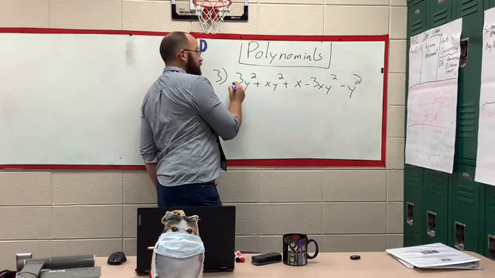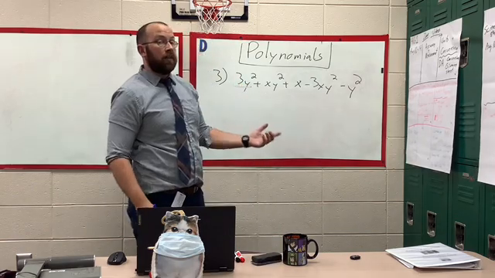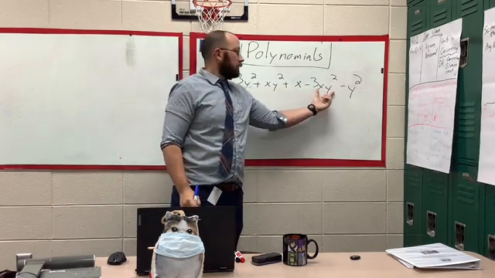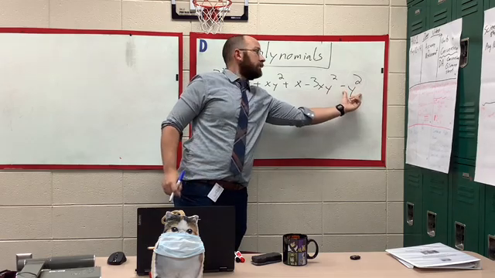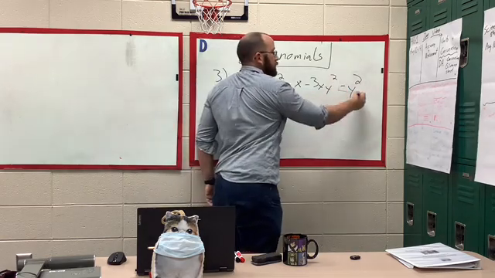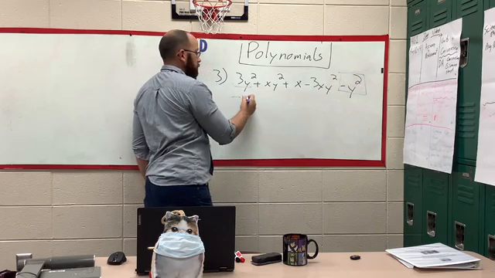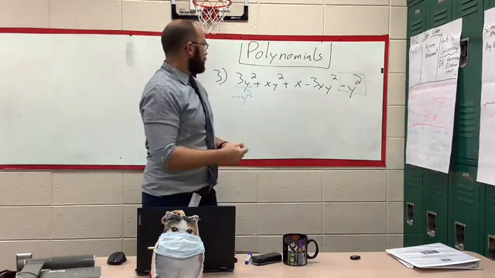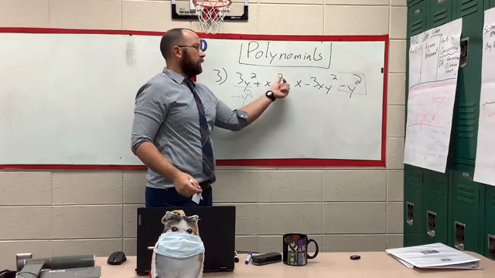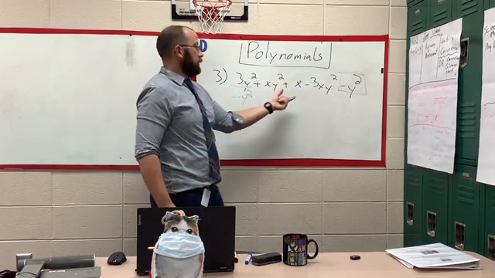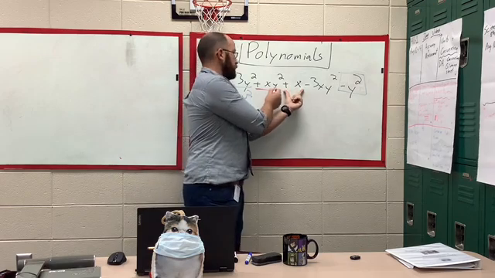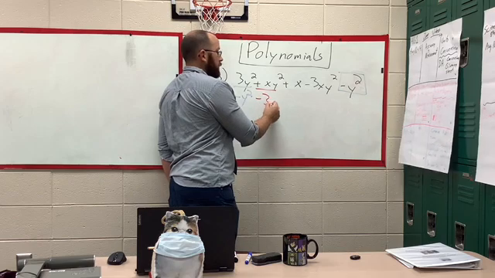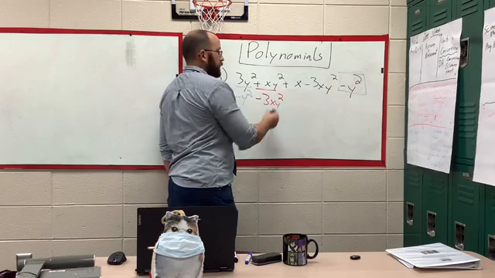So I have y squared here. So do I have another just y squared? Yes. Negative y squared. Then I move on to my next one, xy squared. Do I have another xy squared? Yes, I do. Negative 3xy squared.